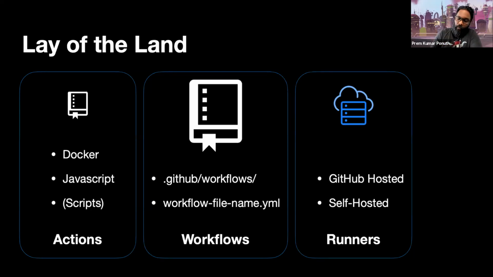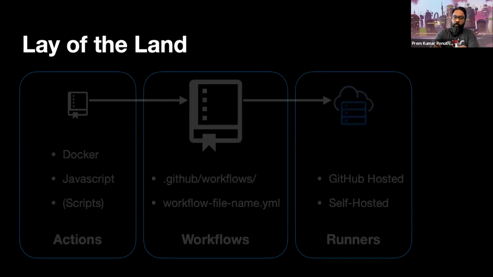So to be able to use an action, you will need to reference it as part of a workflow. And when the workflow is triggered, it's going to be loaded and run from a virtual platform, which could be either a self-hosted runner or a GitHub hosted runner, right?